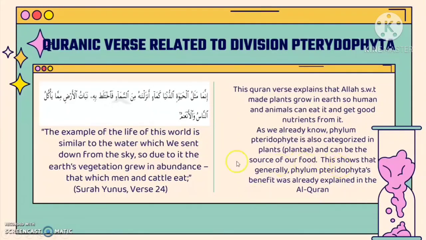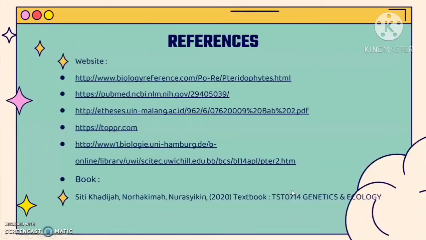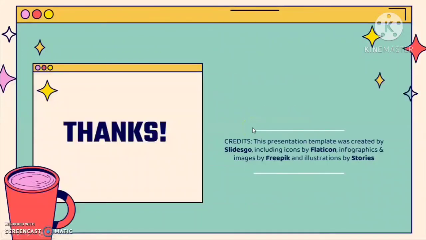We have to appreciate the thing that Allah gives to us. Okay, like this. So this shows that generally phylum Pteridophyta's benefits was already explained in the Al-Quran. Okay. So this is the reference that my group searched in order to complete this assignment. So I think that's all from our group 6. Okay, thank you.